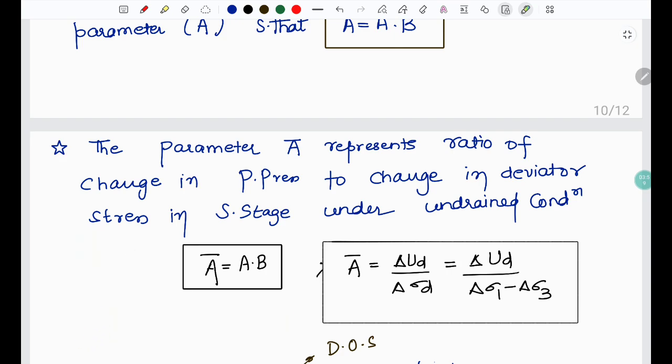Only the deviator stress is actually applied, hence to reach shear stress, it is incremented till the soil fails in shear.